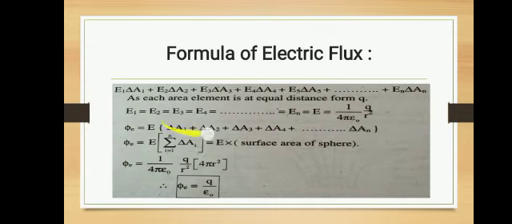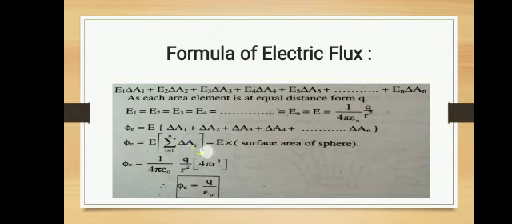To write in summation form, we have to sum all of them. This is the method. We have taken E common, write this summation sign sigma, and at the lower side, write i is equal to 1 as it starts from 1 and it ends on n. i is equal to the number of n values started from 1 to n. Okay, and delta Ai.